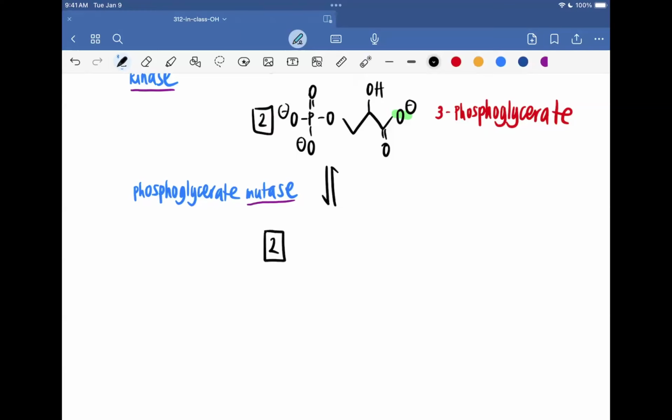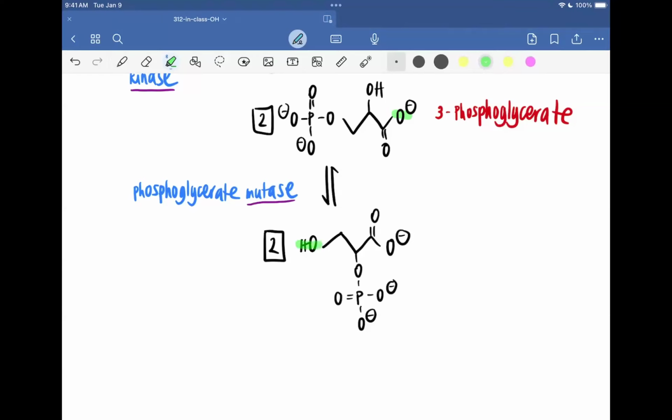So we'll make two of these molecules in which the alcohol is observed at carbon 3, and I'm actually going to adjust how I have this carbon backbone orientation just based on where my room is. So I'm going to have my phosphoryl group at carbon 2. So we have two main changes here, where we have our alcohol at carbon 3 and our phosphoryl group at carbon 2. So this is a really similar molecule to what we had before, but we're going to call this 2-phosphoglycerate because the phosphoryl group is now at carbon 2.